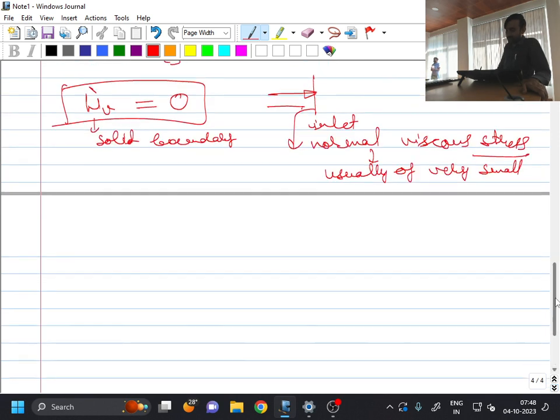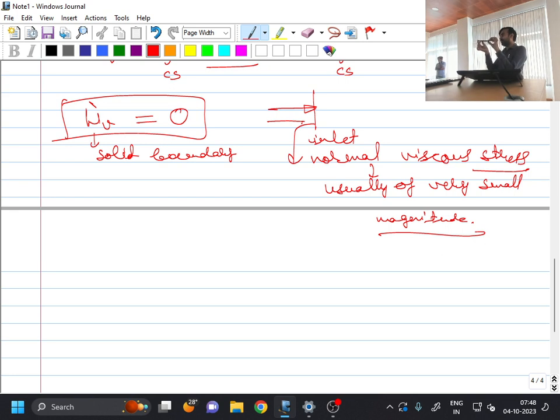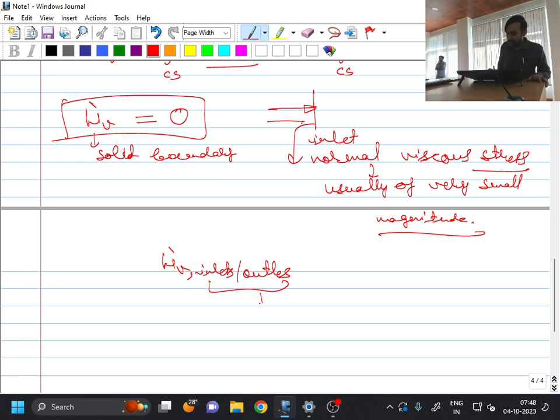As it is of very small magnitude, whenever this normal component is multiplied at inlets or outlets where flow is perfectly normal to the plane, I can define that the viscous work for inlets and outlets having normal flow is nearly equal to 0.